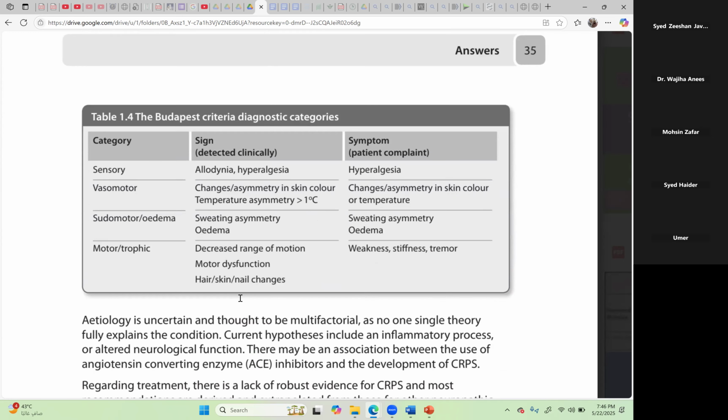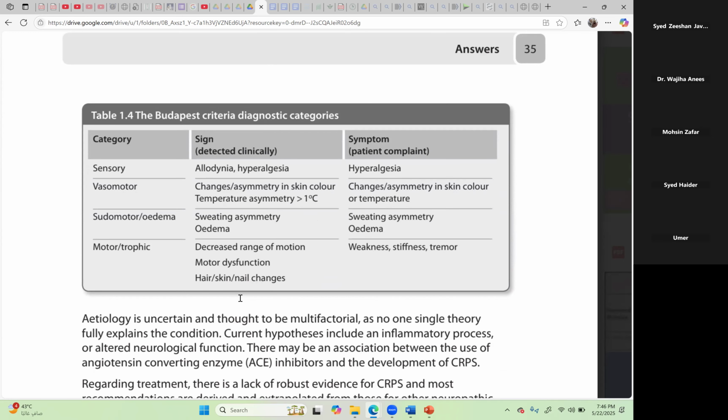It's all the same. What is allodynia? Extreme pain from a non-painful stimulus. Yes, non-painful. What is anesthesia dolorosa? The area where there is no sensation, there is pain.